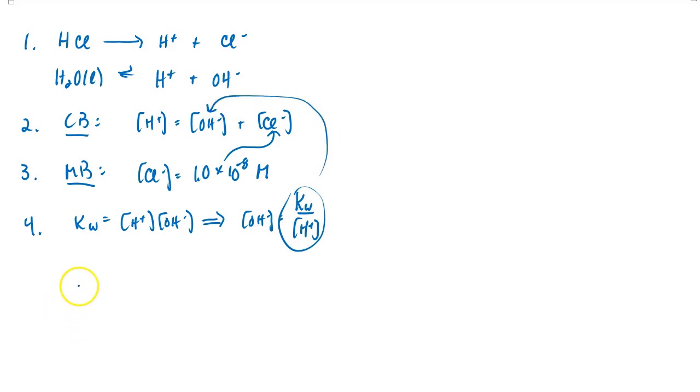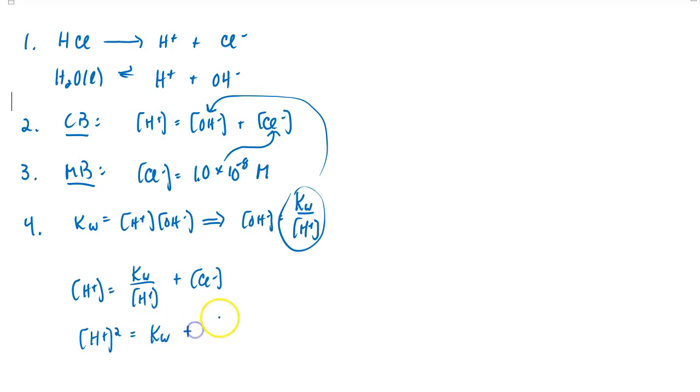So our new charge balance then would be H+ is equal to, again, I'm not going to write OH, I'm going to write Kw over H+. And then chloride is known, but I'm going to substitute in that concentration a little bit later. For now, I want to get rid of this fraction here and multiply both sides by H+. So H+ squared is equal to Kw plus the concentration of chloride, which again is known, times H+.